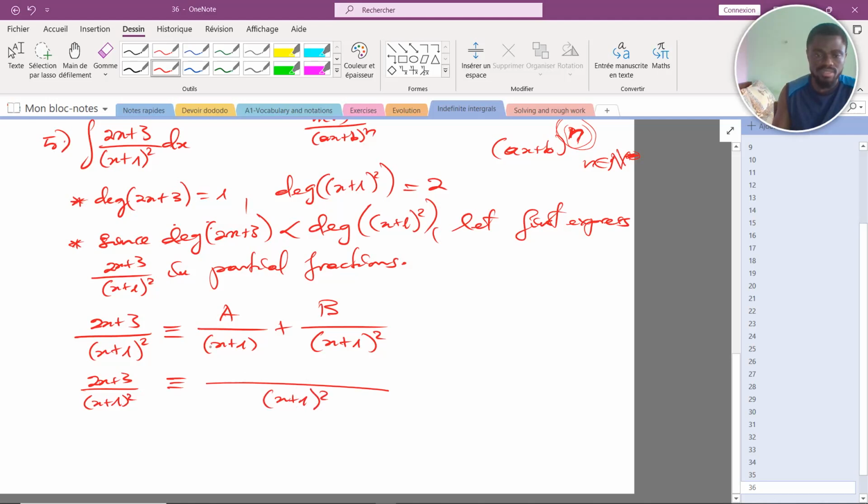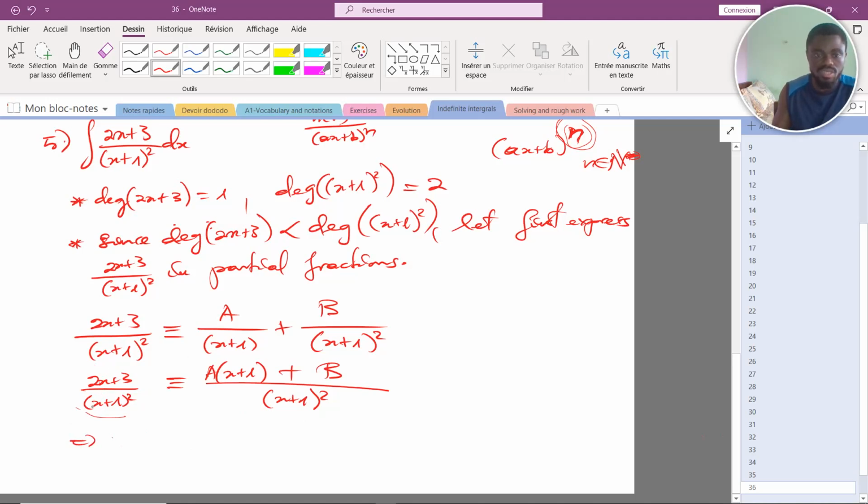This divided by this will go (x + 1) times, and I will have A into (x + 1), plus this divided by this, I will have B. Basically you see that the denominators are identical here, so the numerators must be identical.